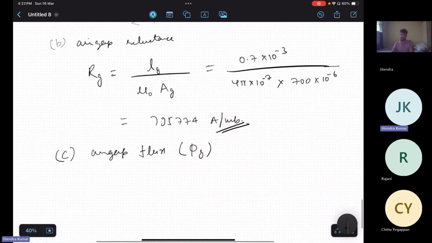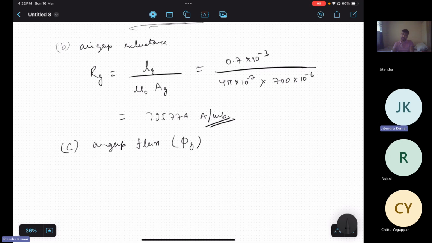So this expression is derived as phi g is equal to phi r into leakage factor divided by 1 plus permeance into reluctance into leakage factor. This is derived from the current division rule. If you apply a similar rule on flux in the magnetic circuit, you will be able to derive this expression.